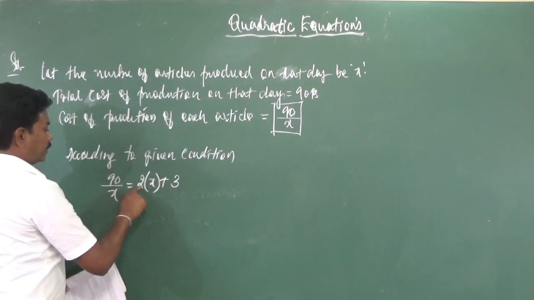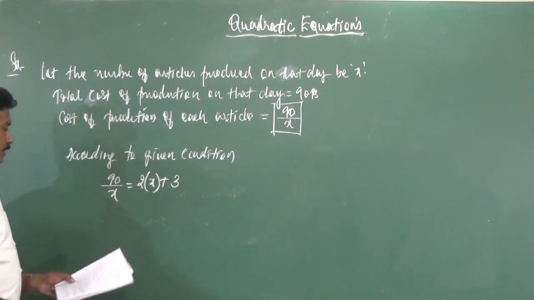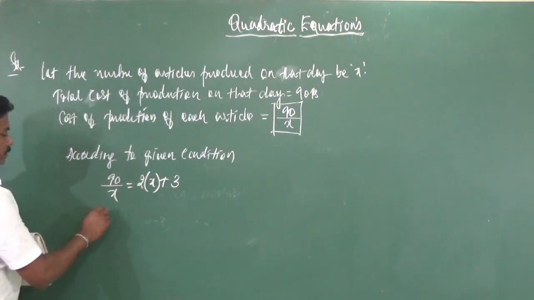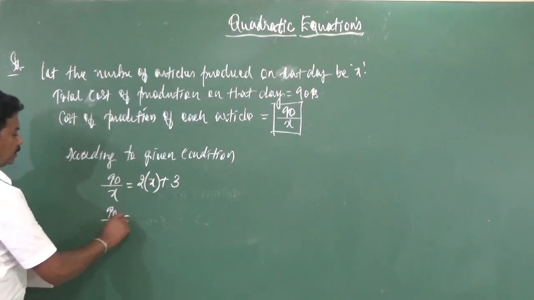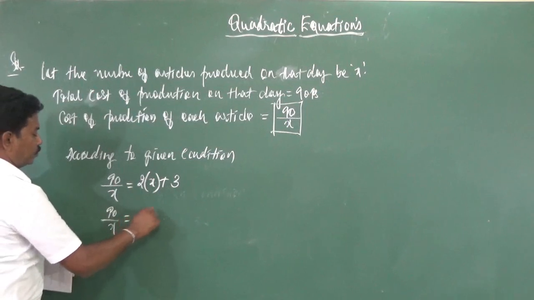So we can expand this: 90 by x is equal to 2 into x, that is 2x, plus 3.